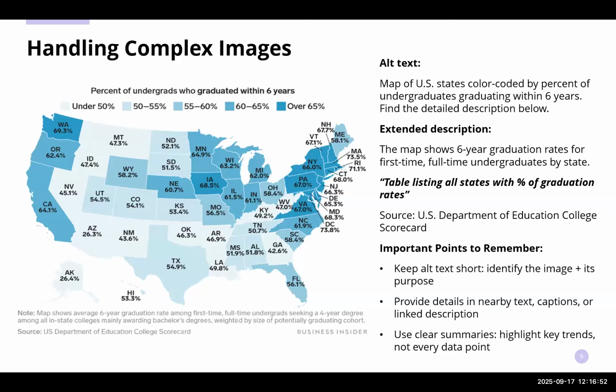So far, we have talked about using ACORN to write clear, effective alt text for everyday images, things like photos, diagrams, icons, etc. But what happens when the images are more complex? Things like maps, charts, and infographics that are packed with data. Take this image as an example.